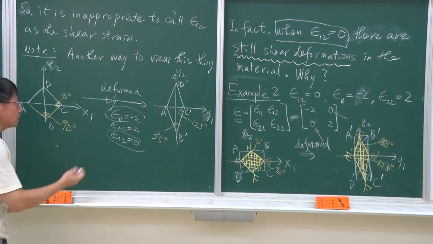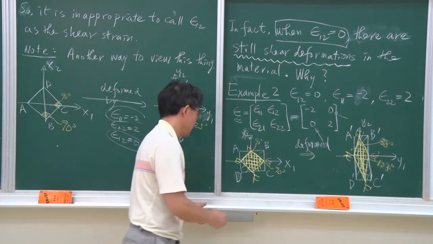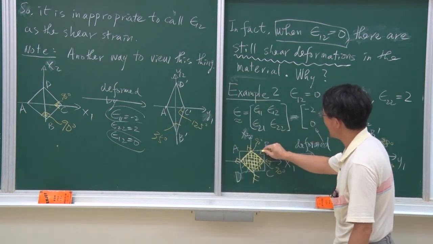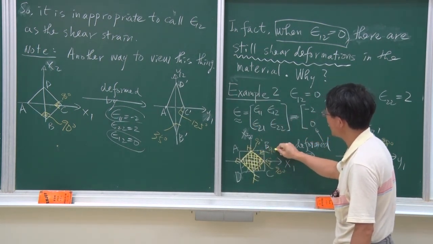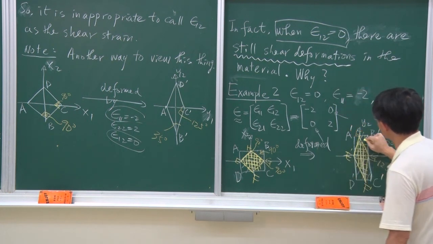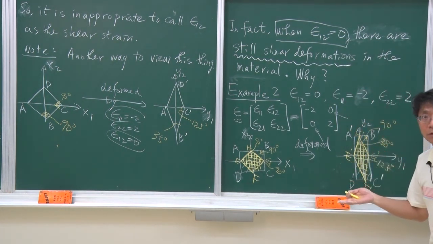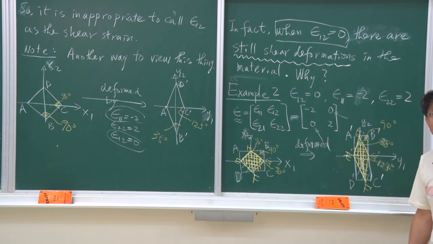If you look at the material here, it is 90 degrees. So we still have 90 degrees here. We still have no shear deformation. Then you are wrong. Understand? Don't put it in this way.